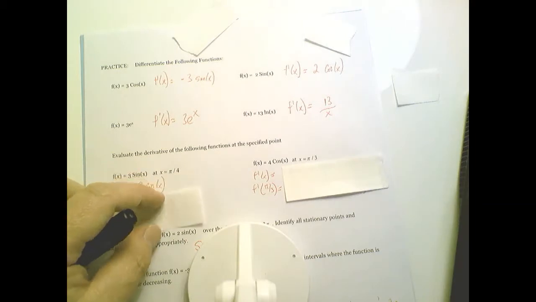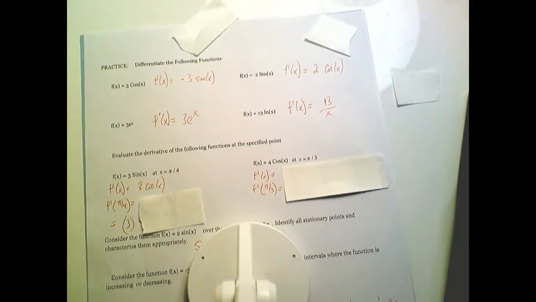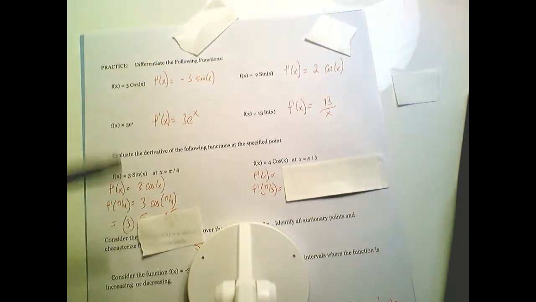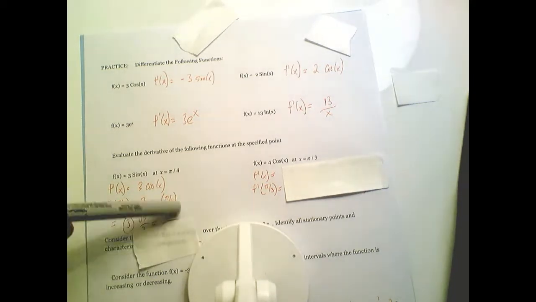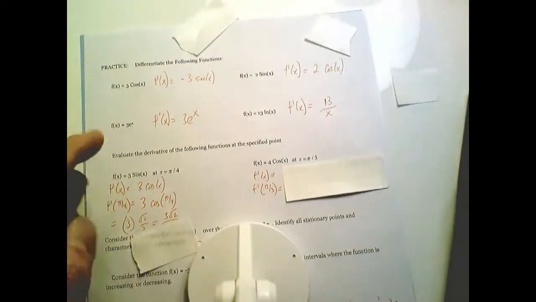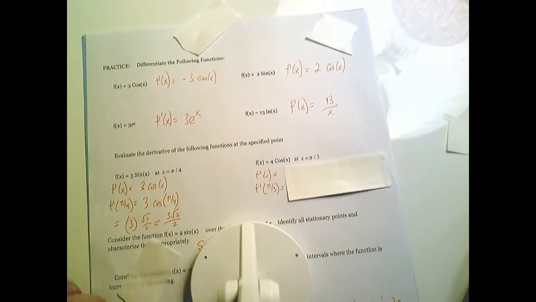Our derivative is nothing more than 3 times cosine of x. We need to evaluate this at pi over 4. F prime evaluated at pi over 4 is 3 times the cosine of pi over 4. And if we remember our unit circle, that's the square root of 2 over 2. F prime of pi over 4 is 3 times the square root of 2 over 2.